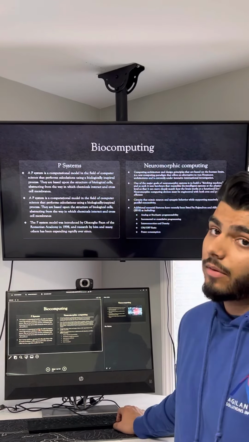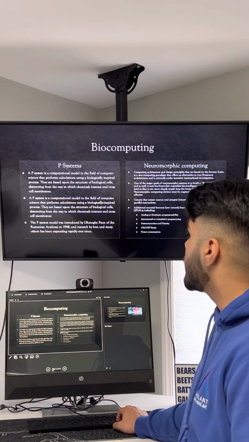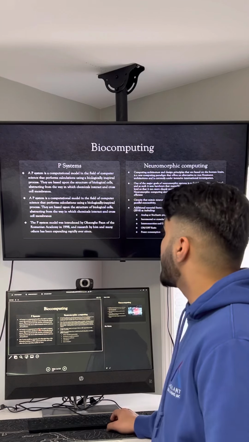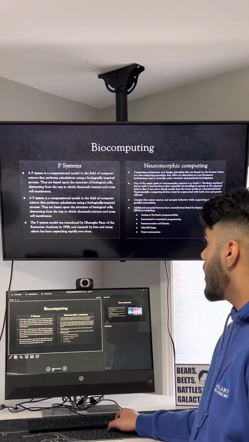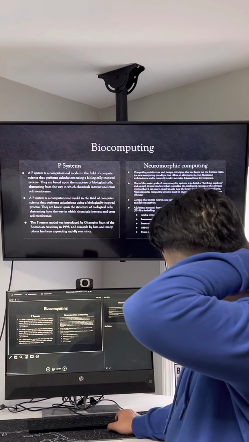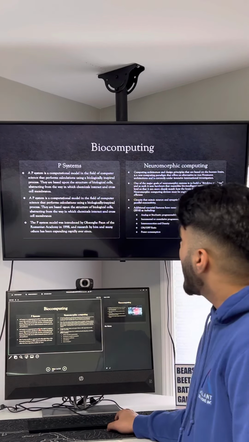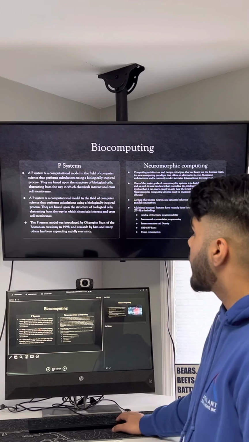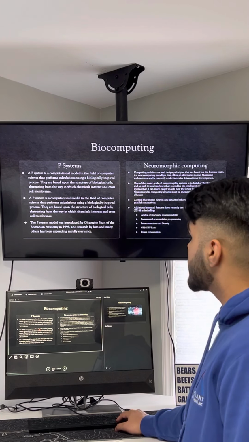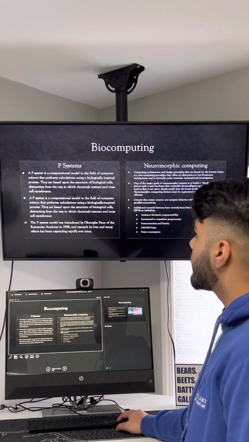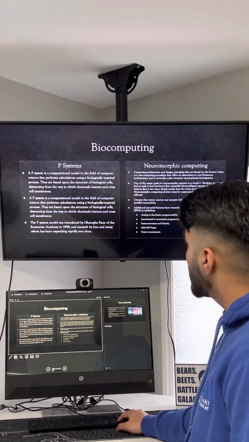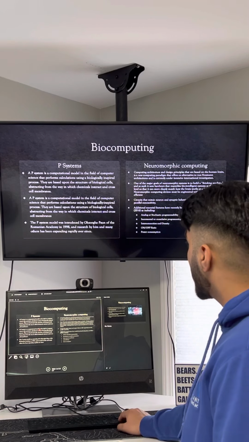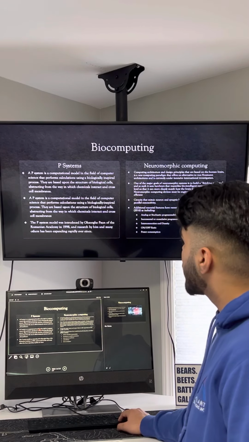All right, so we're going to start with P systems. So a P system is a computational model in the field of computer science that performs calculations using a biologically inspired process. They are based upon the structure of biological cells, abstracting from the way in which chemicals interact and cross a cell membrane.